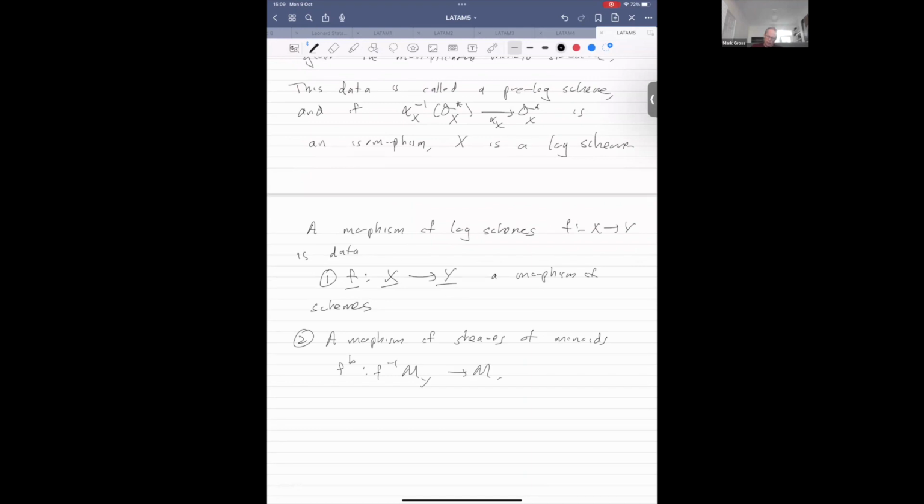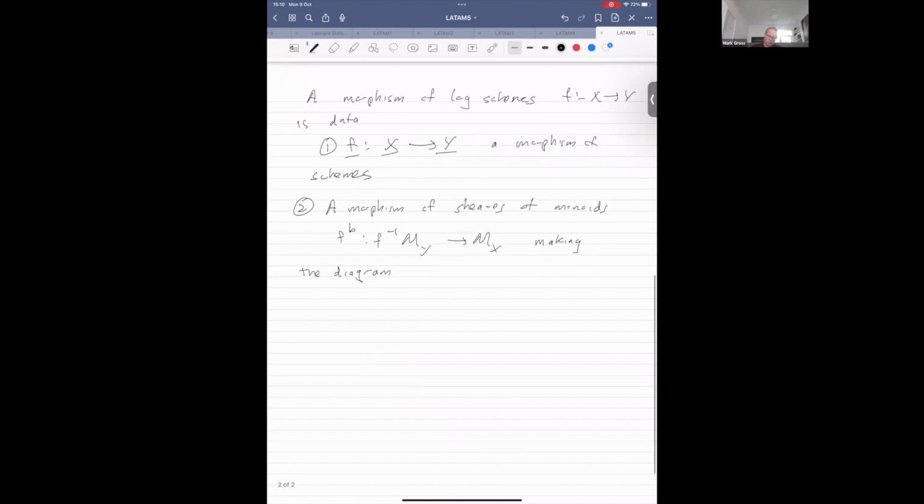So we pull back the sheaf M_Y to X via this morphism, and then we need to have a morphism of sheaves of monoids, making the diagram commute: f inverse M_Y goes via f flat to M_X.